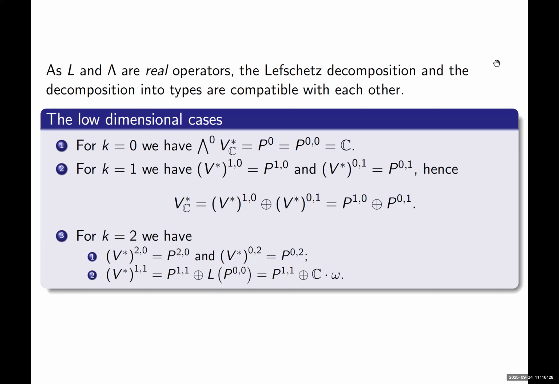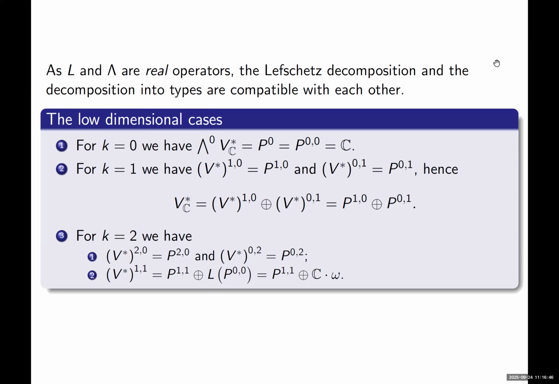And there are none of them since minus 1 is negative. So this tells us that lambda on a 2,0 form is trivially zero, and that every 2,0 form is actually primitive.